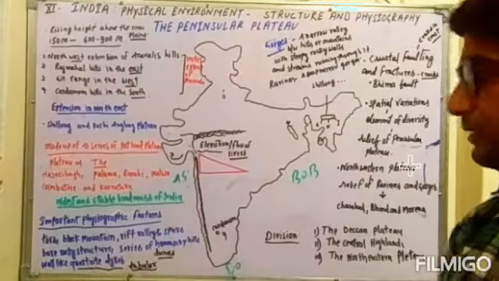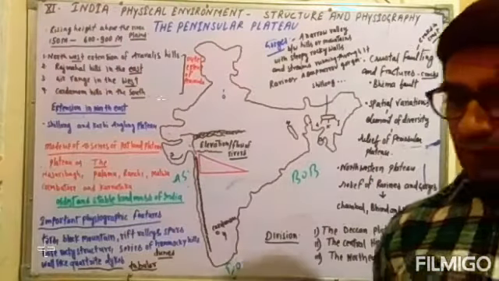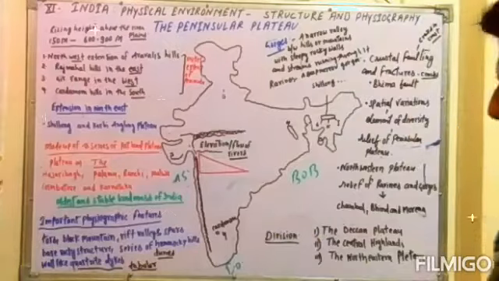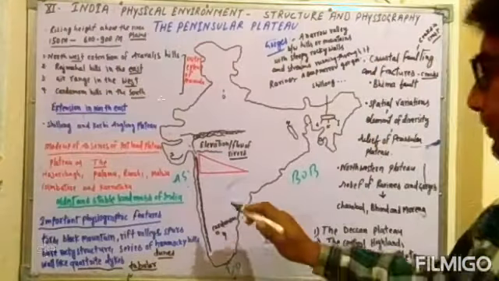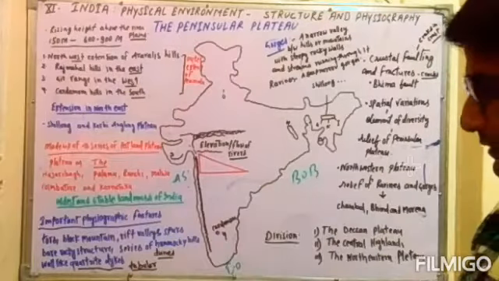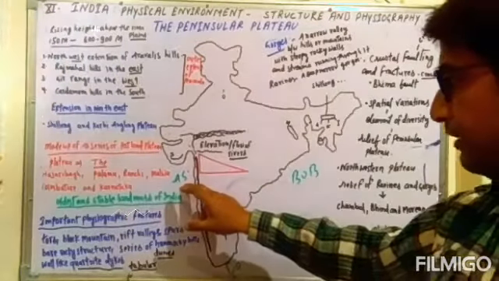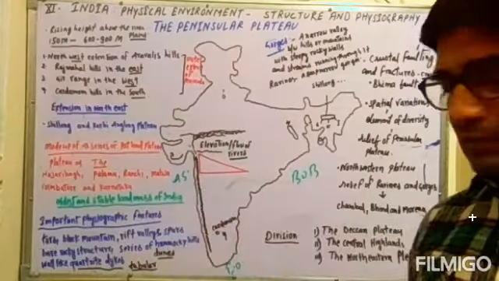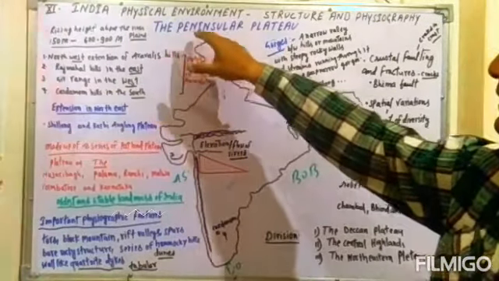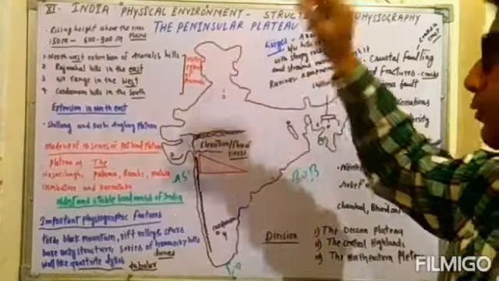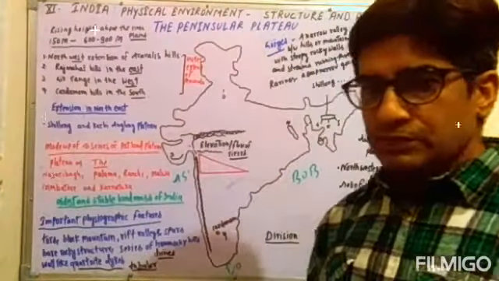So the area of land surrounded by water on three sides is called a peninsula. Peninsula means Prayadeep. I think all the students can now better understand the topic, peninsular plateau. So we are going to start this topic.